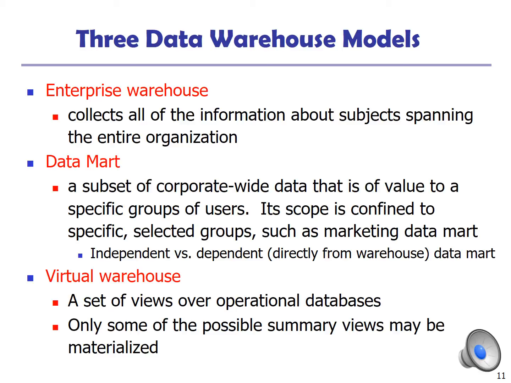Very similarly, the virtual warehouse consists of a set of views over the operational databases. Only some of these possible summary views can be materialized. You can actually physically store only some of these views. So that is the third kind of data warehouse model.